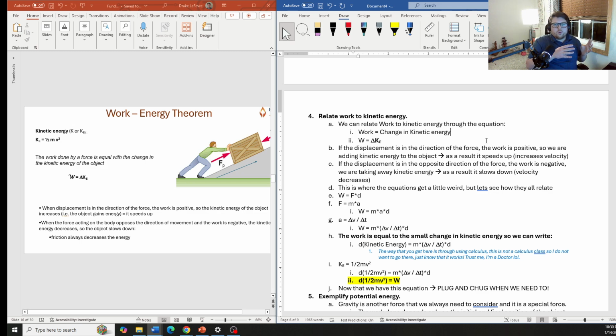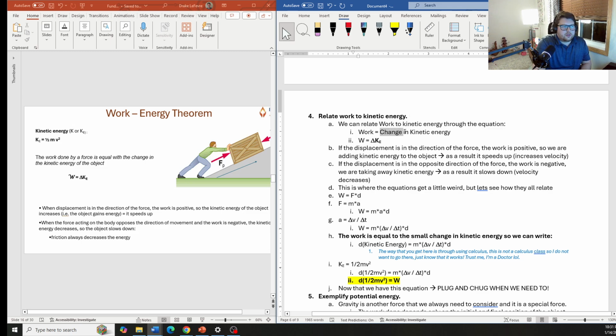Whatever the mass, the velocity, the movement, everything is at the very beginning when we first start to apply a force to the box, and then we compare it to a separate time, what we'll call the final instance. That is what it's talking about in change in kinetic energy.